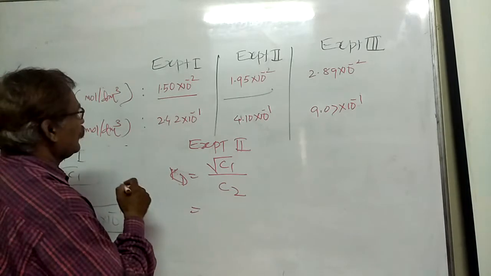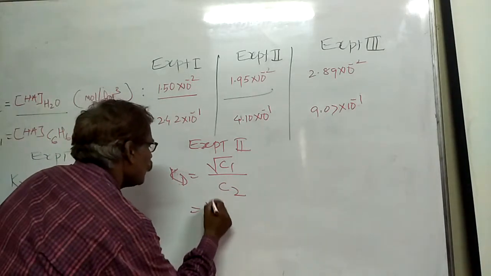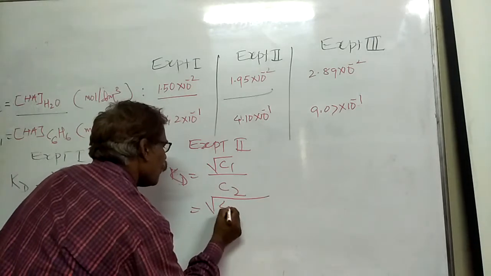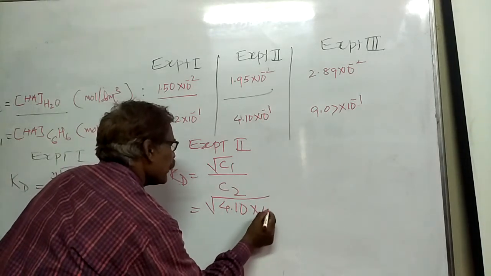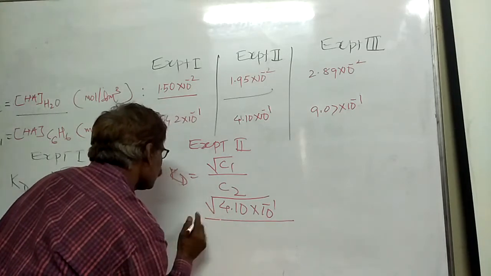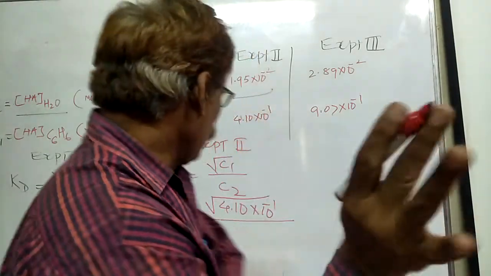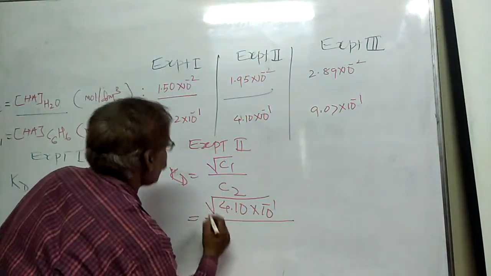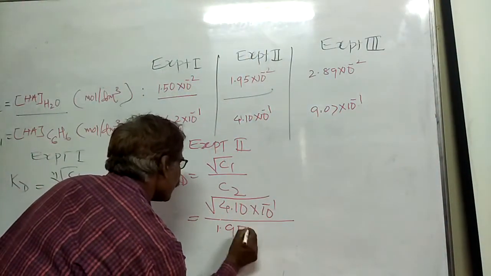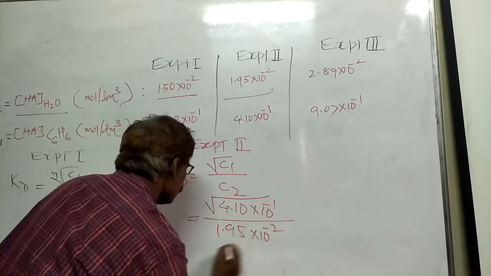Here C1 is equal to 4.10 into 10 to the power minus 1, and C2, the concentration of organic acid in water, is 1.95 into 10 to the power minus 2.